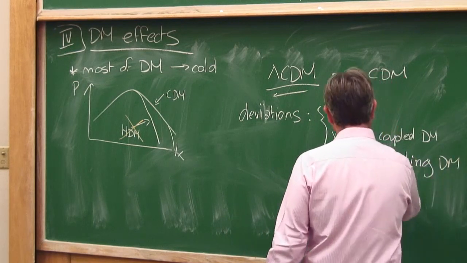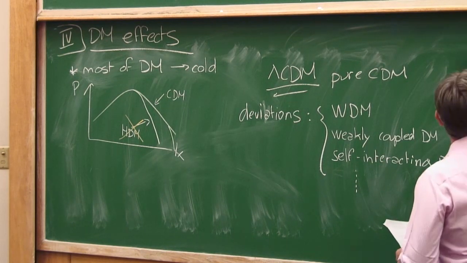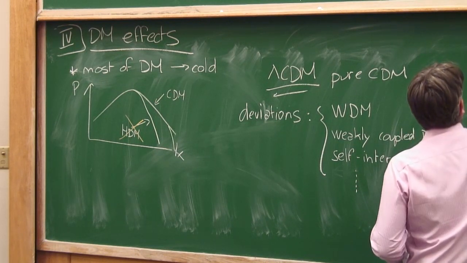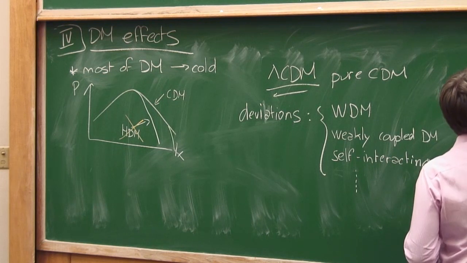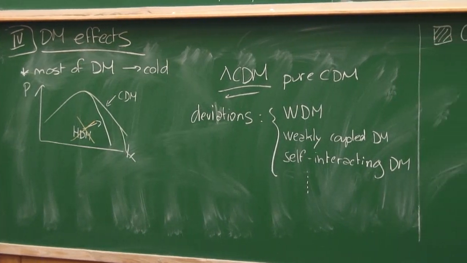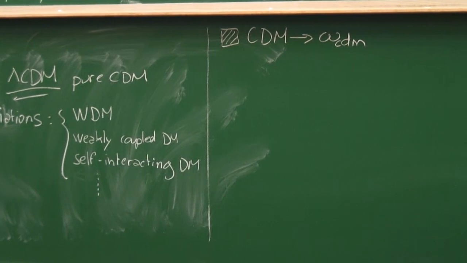There are many possibilities, and in principle, most of them can be tested with the CMB and matter power spectrum. Let us stick now to ordinary cold dark matter. The only parameter we can measure for cold dark matter is omega CDM. This is what makes it very boring for a cosmologist. There is only one number in this model.